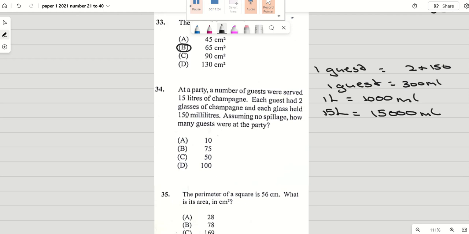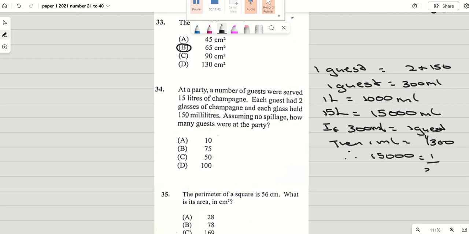We want to find out the number of people. So if 300 milliliters is equal to 1 guest, then 1 milliliter would be 1 over 300, and therefore 15,000 milliliters would be 1 over 300 multiplied by 15,000.